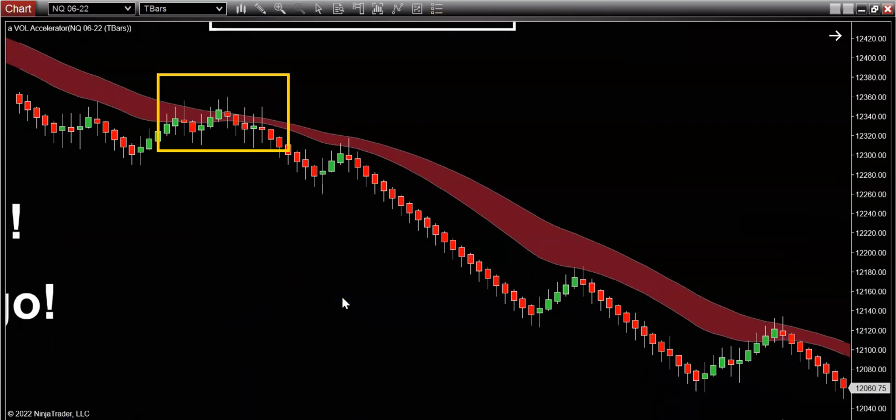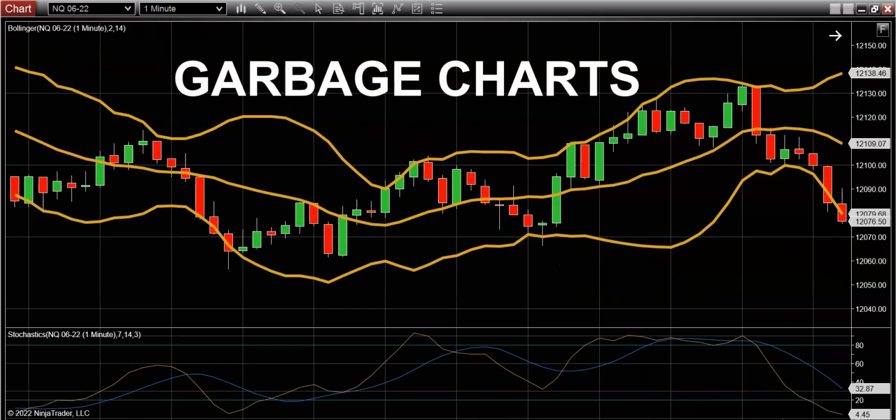This is the most powerful chart pattern I've ever come across. You will never be able to spot a retracement pattern on your garbage charts. Of that, I'm sure of it. That's a guarantee. You ain't never going to spot retracement patterns on this Bollinger Band.